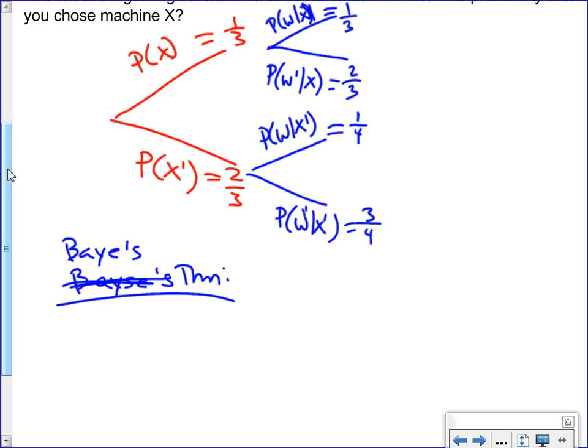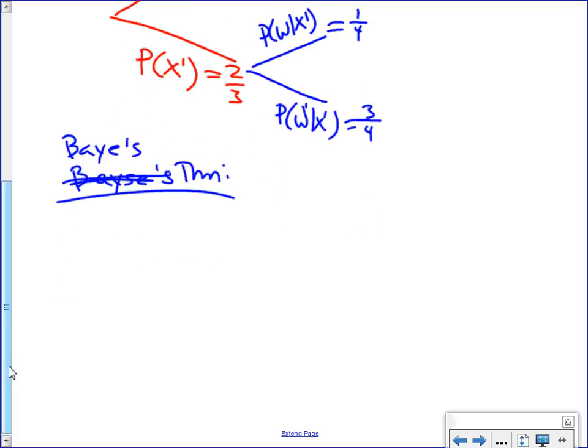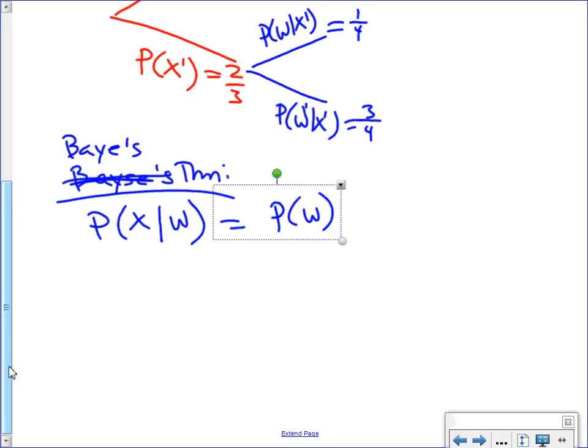We're looking for the probability that you chose machine X given that you won. So the probability that you picked X given that you won. Pretend, just switching the letters around, X would be B, and A would be winning.